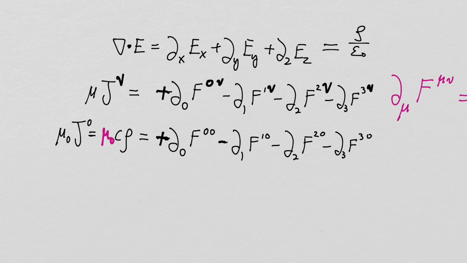So what we realize right away is, wait a minute, we know that F10 is the opposite of Ex over C, right? We figured that out a moment ago. Let me review that.